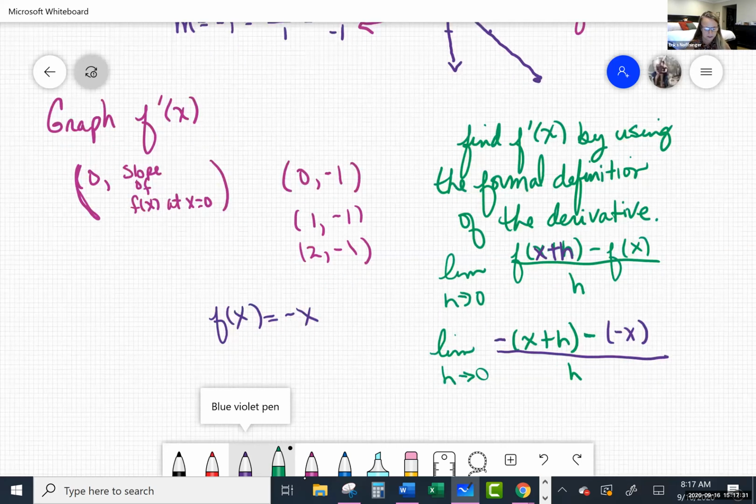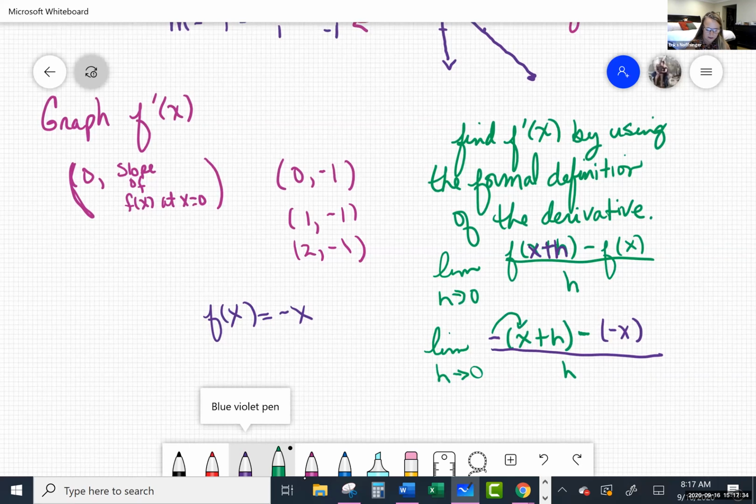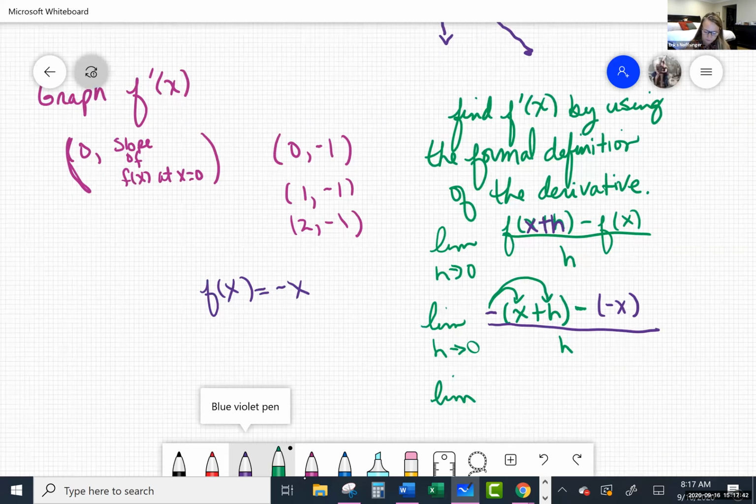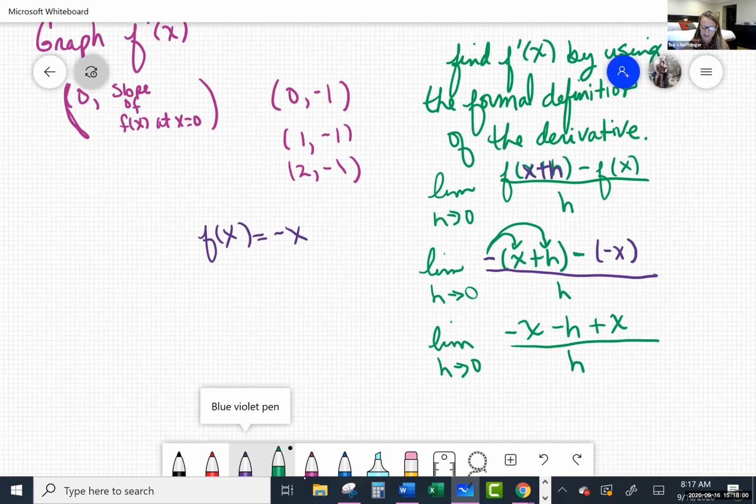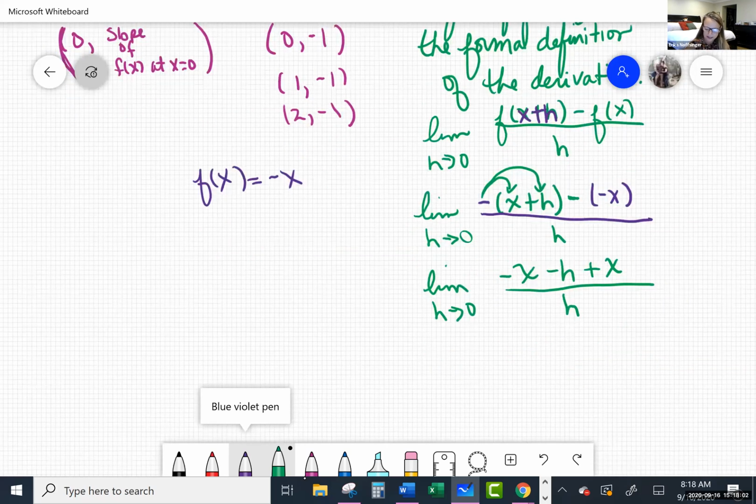So if we distribute that negative and rewrite this, we have the limit as h goes to 0 of -x minus h plus x, because minus a negative is positive, all over h. So notice those x terms cancel out in the numerator. -x plus x is 0.